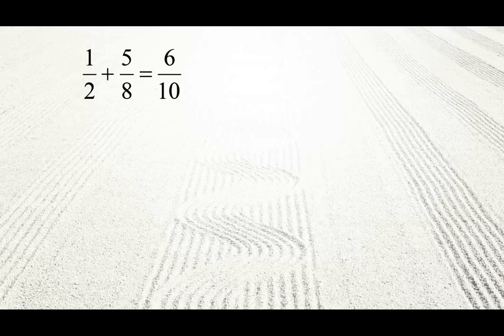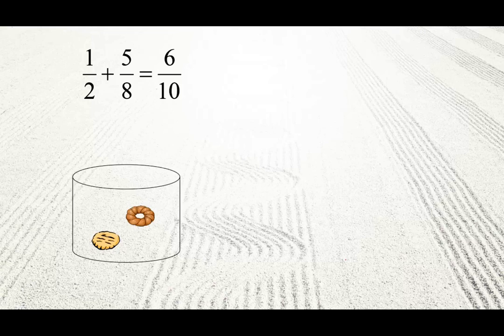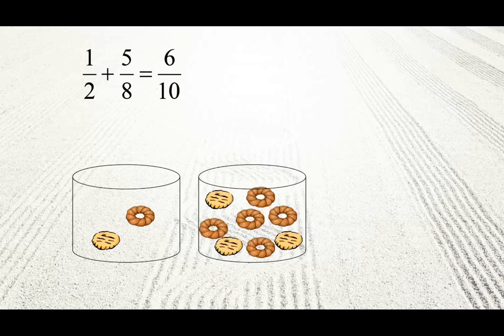For example, imagine a container that has two cookies. One is a chocolate cookie. So 1/2 of this container is chocolate cookie. How about another one? Total 8 cookies, 5 of them are chocolate.